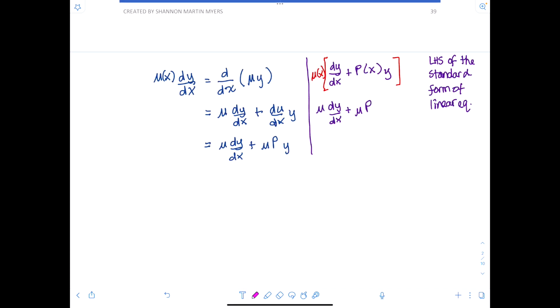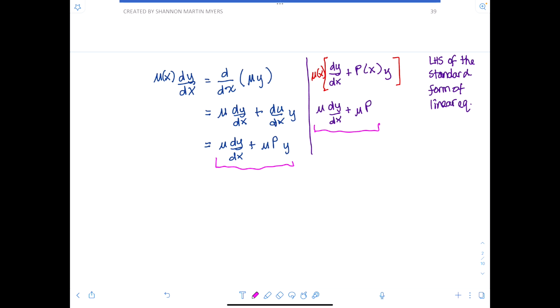So notice that these two match. Cool? So the derivative with respect to x of mu times y is equivalent to multiplying mu at x into the left-hand side of the standard form of the linear equation.